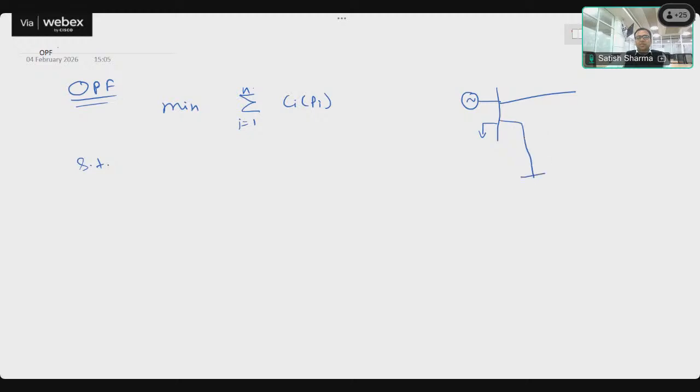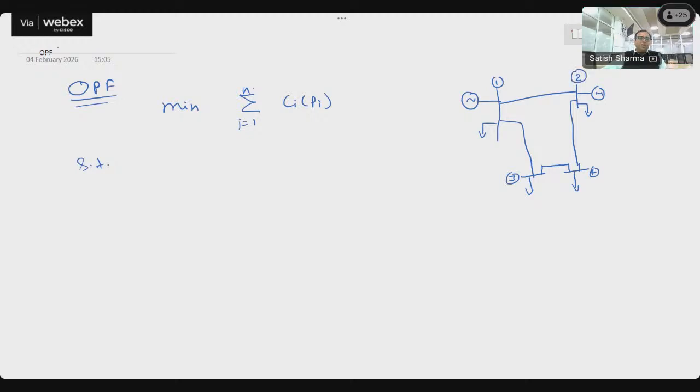Let's say this is another node, some generator is connected here, and then some generator is connected to this particular node, and they are connected like this. Some load is connected here, here, and here. So let's say this is a four bus system, with bus number 2, bus number 3, and bus number 4.